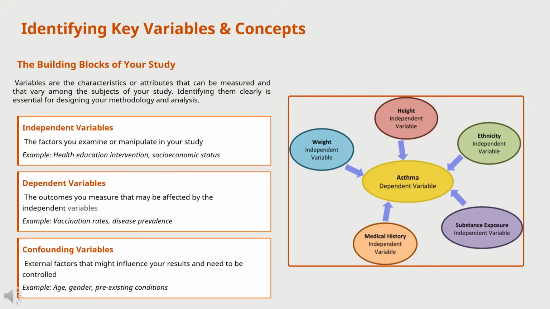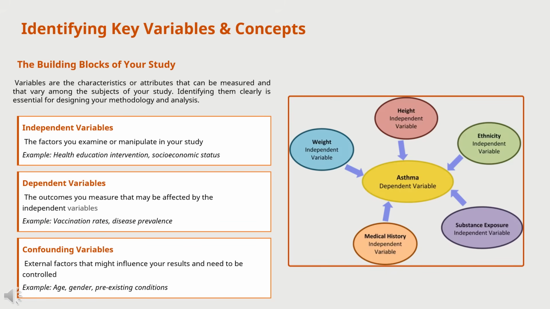For instance, in our example of health education intervention on vaccination rate outcome, the independent variable is the health education intervention, while the dependent variable is the vaccination rate or vaccination outcome.